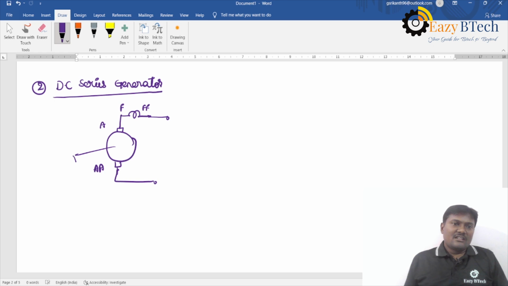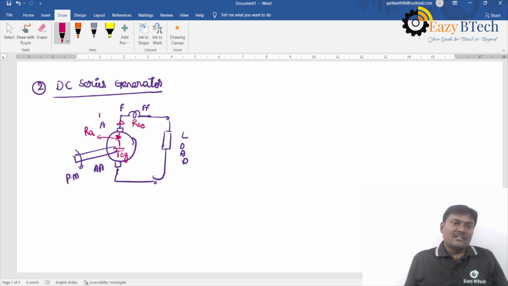The armature is driven with an external prime mover. In the previous case also same thing, and it is connected to load. The internal EMF is Eg, the armature winding resistance is Ra, and the field winding resistance is Rse.